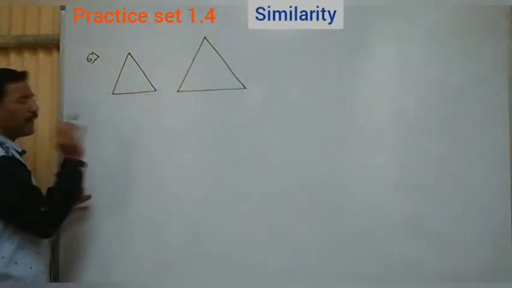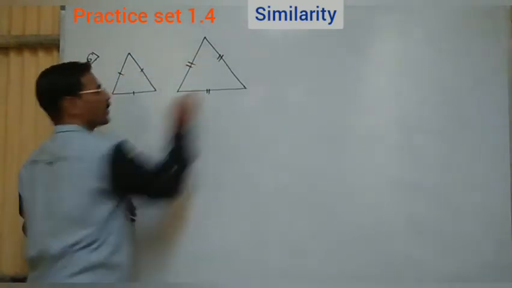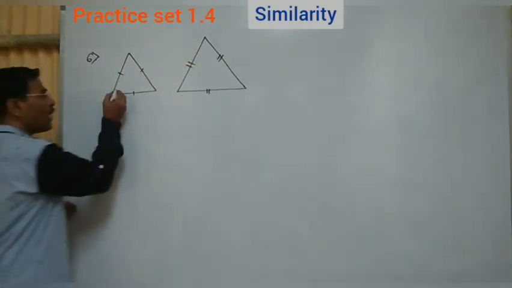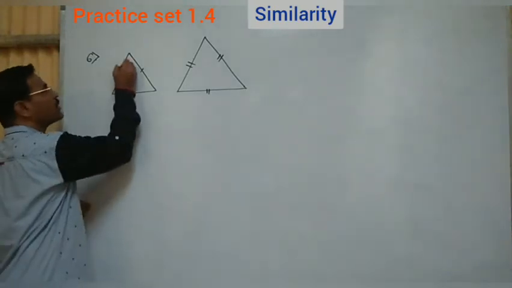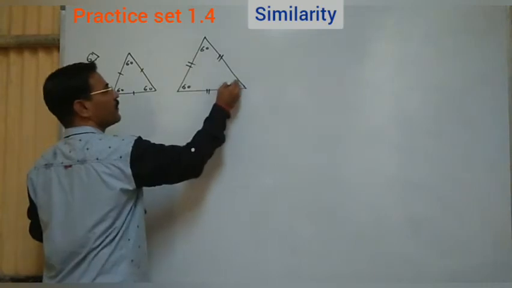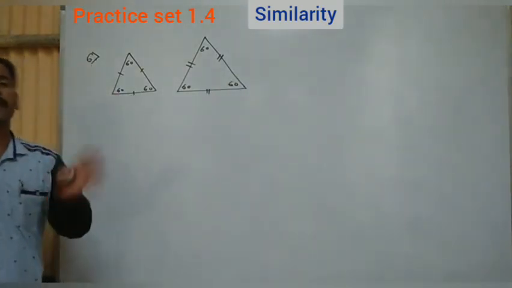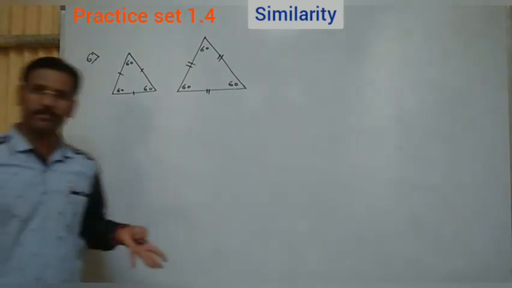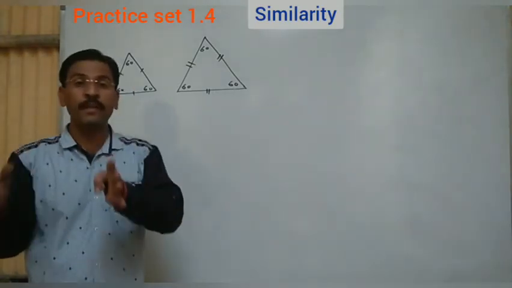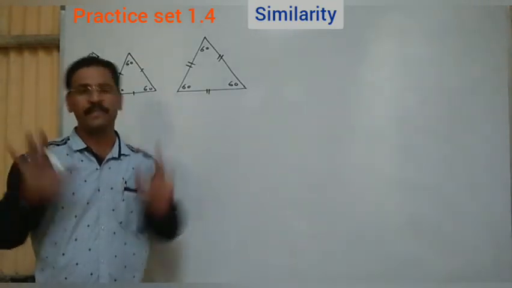Just observe it. Equilateral triangles mean all the sides are the same, and all angles are 60 degrees. By the AA test we can prove these two triangles are similar, but there is no need to prove it. Whenever two triangles are equilateral, they are always similar.